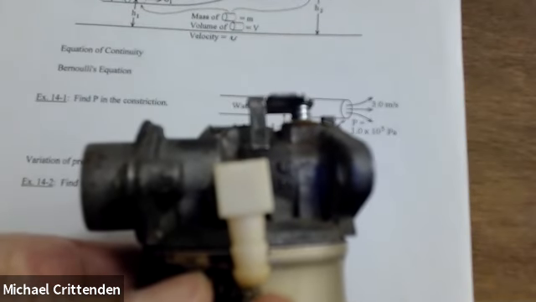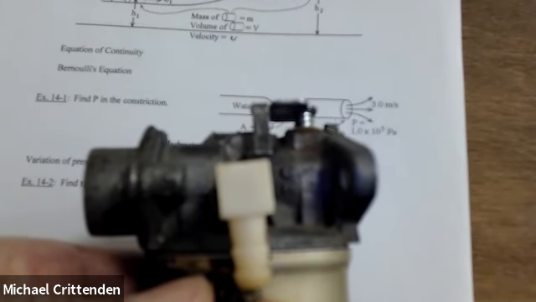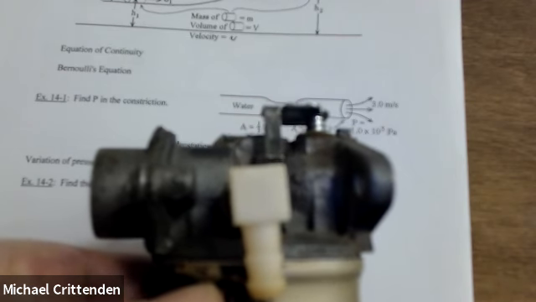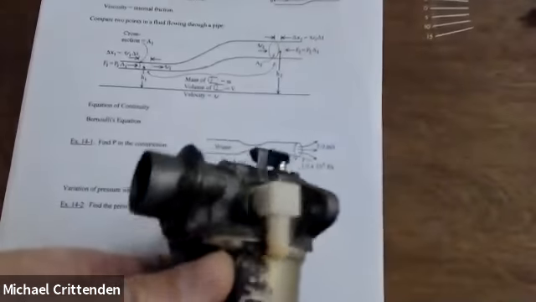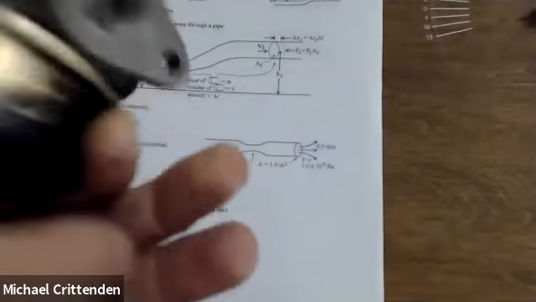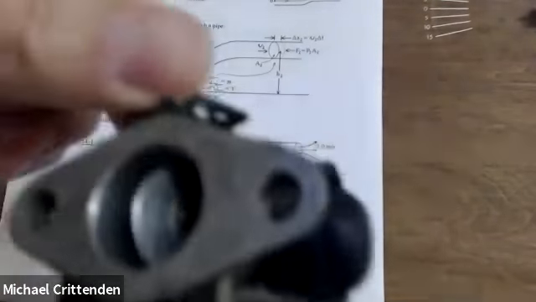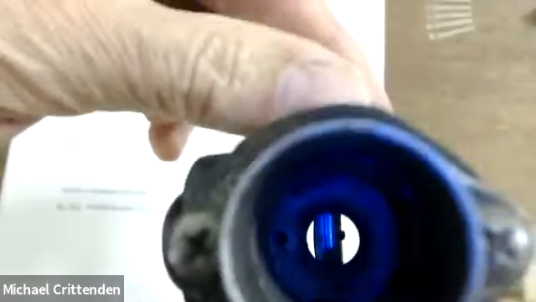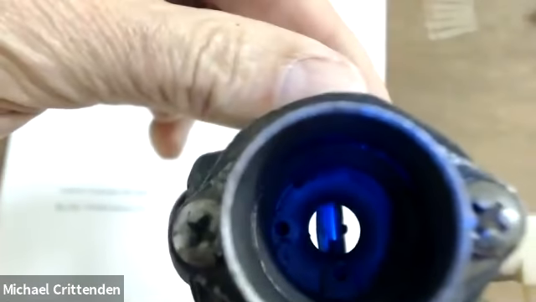Automotive carburetors are a good deal more complicated, but use the same basic principles. If you look in, I've got to open up the throttle so you can see in there, but maybe it works better on the other side. Yeah, that's a good view.